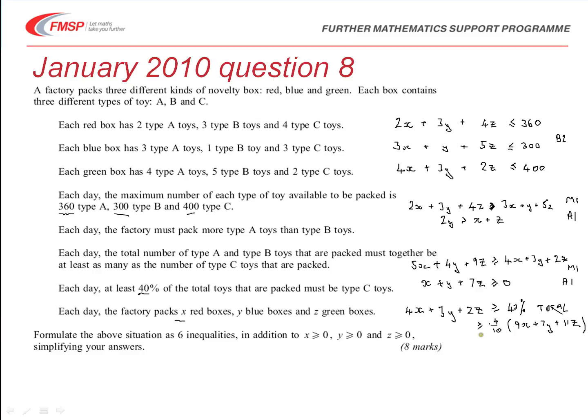If we multiply by 10, that's going to give us 40x plus 30y plus 20z is greater than or equal to 36x plus 28y plus 44z.